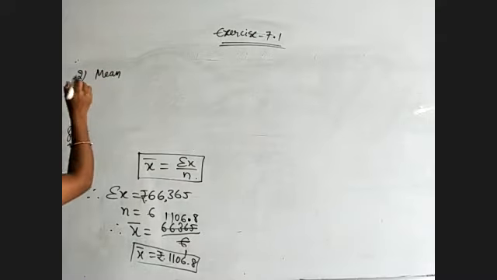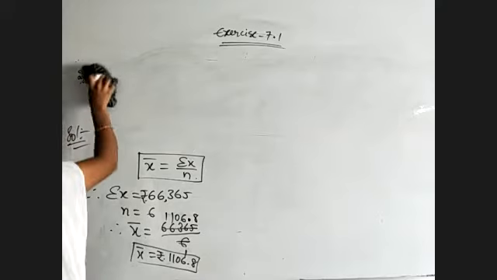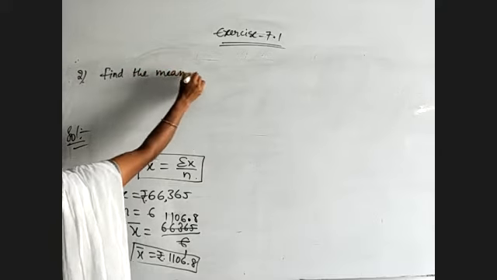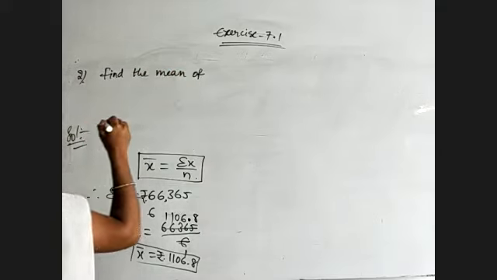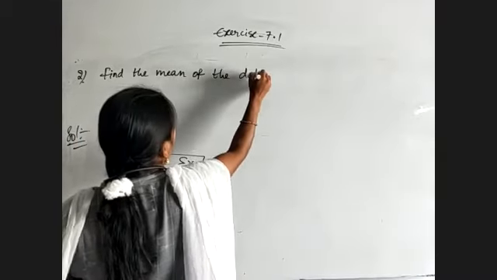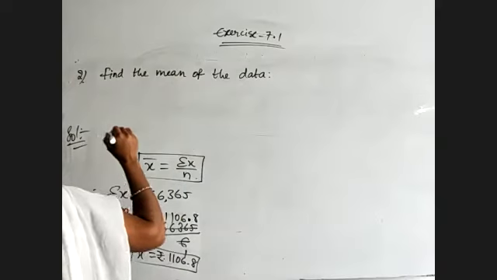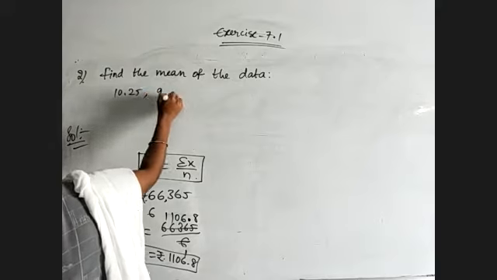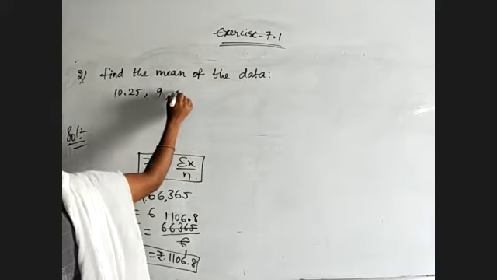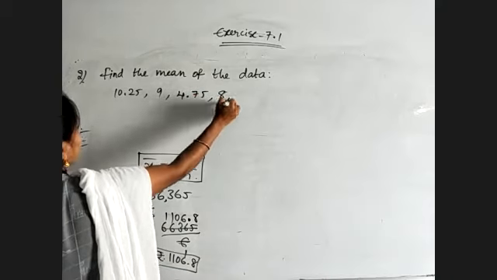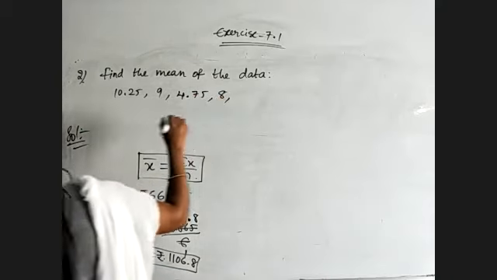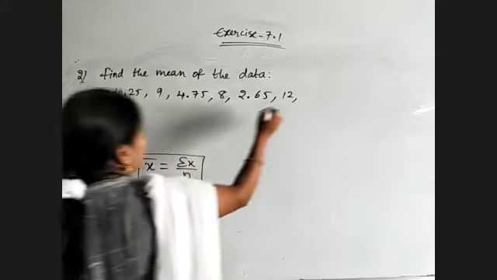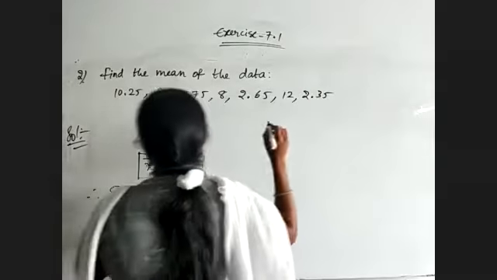Find the mean of the data: 10.25, 9, 4.75, 8, 2.65, 12, 2.35. Okay, these are the given observations.